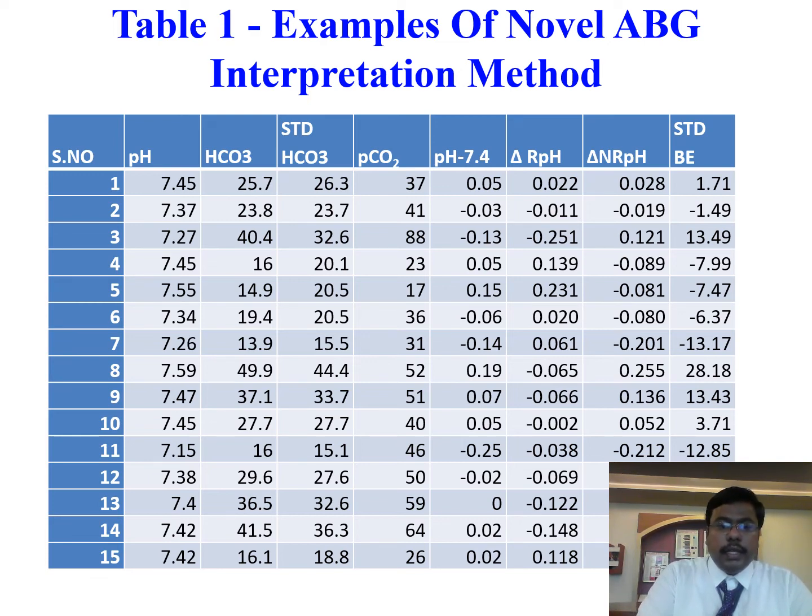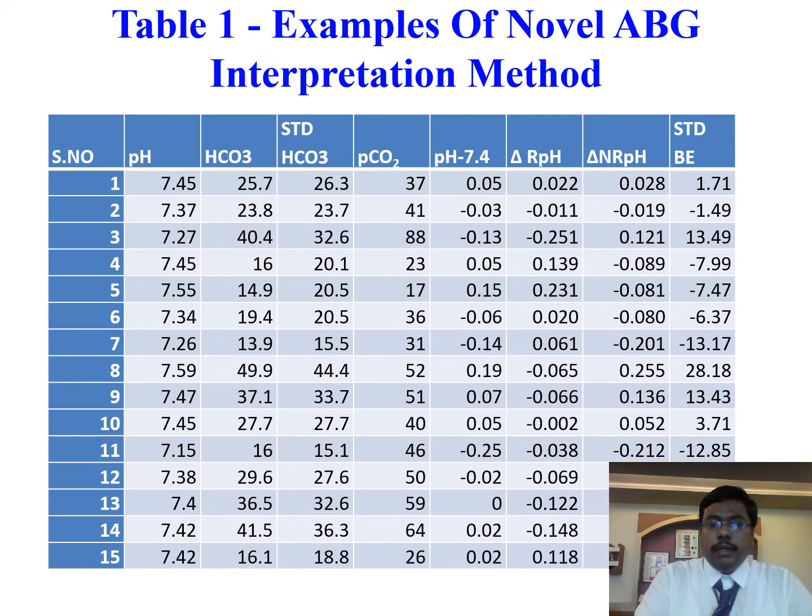If you look at this other example, serial number 3, pH is 7.27. The delta pH, minus 7.4, is minus 0.13. This is due to changes of both delta RPH and delta NRPH. So you compare minus 0.13 with delta RPH and delta NRPH.